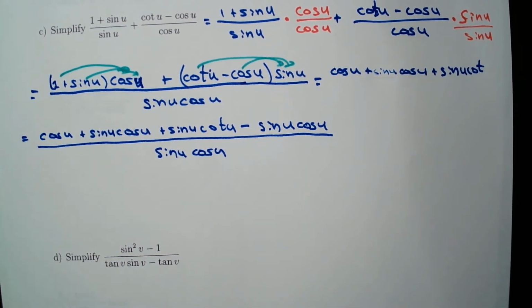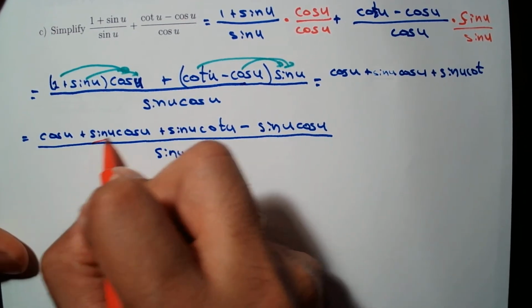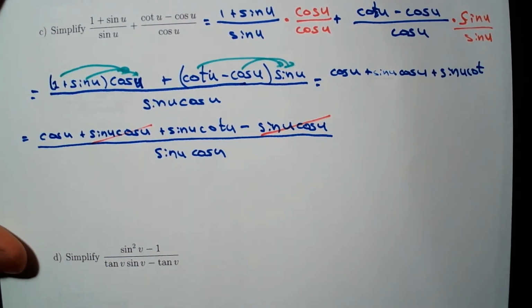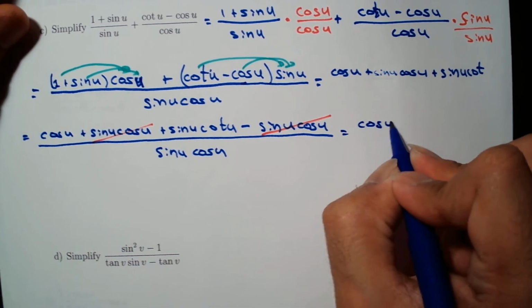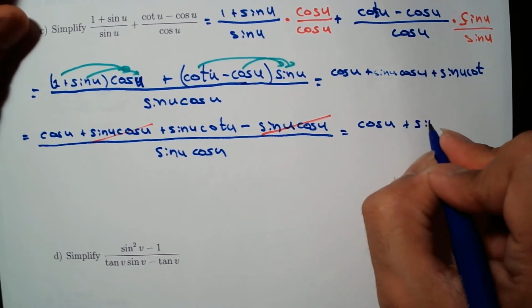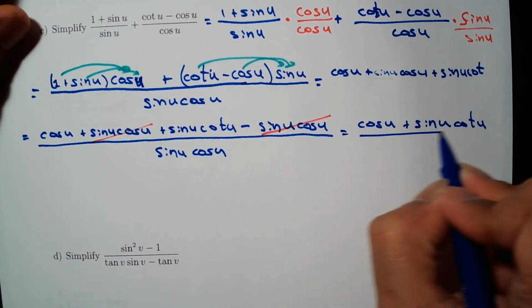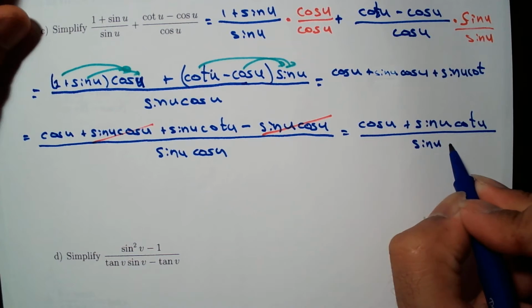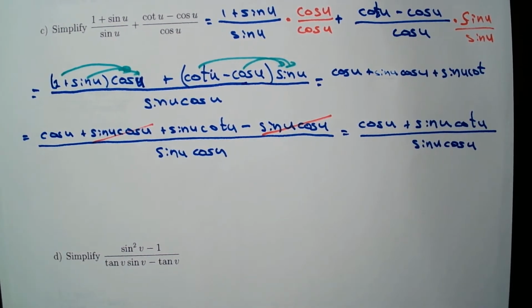Okay, so looking at this huge expression, it looks like we have like terms that we can get rid of, like sine u cosine u minus sine u cosine u. Goodbye. They go away. And we are going to be left with simply cosine u plus sine u cotangent u over sine u cosine u. All right. Let's see what else can we do.